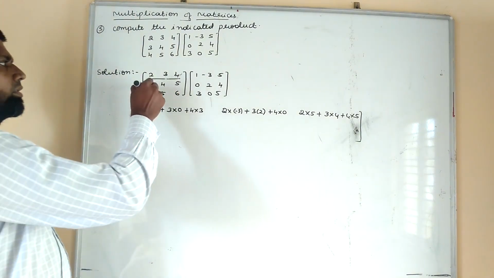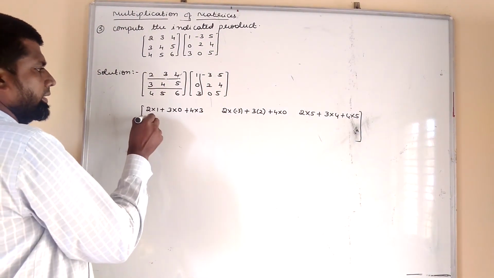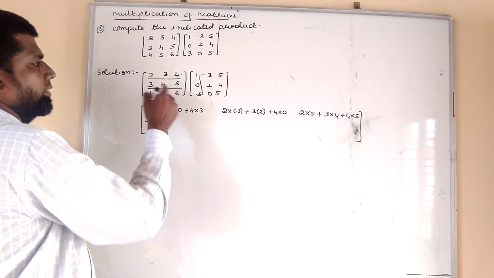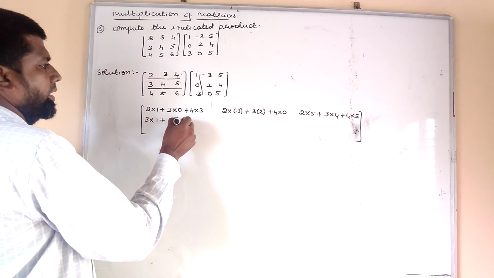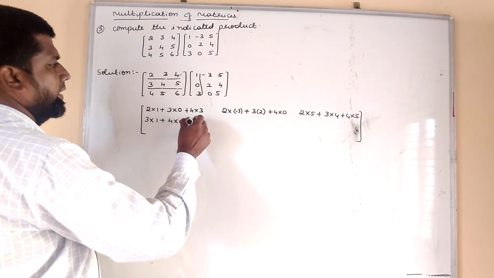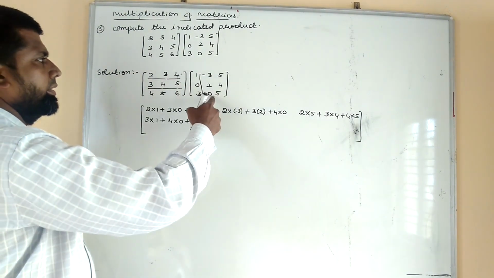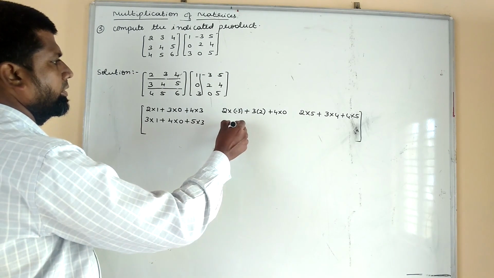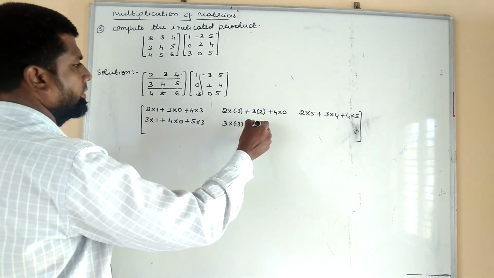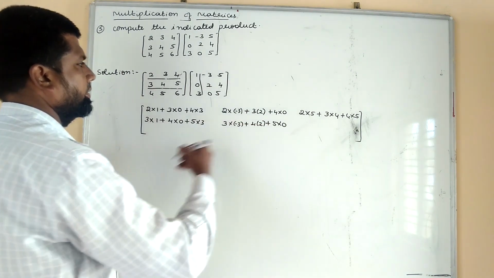Now second row should be multiplied with first column, 3 into 1 plus 4 into 0 plus 5 into 3. Next second row, second column, 3 into minus 3 plus 4 into 2 plus 5 into 0.